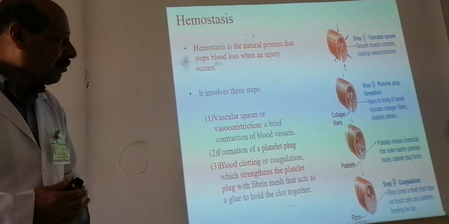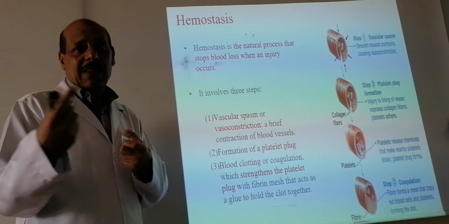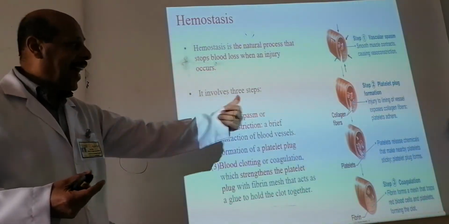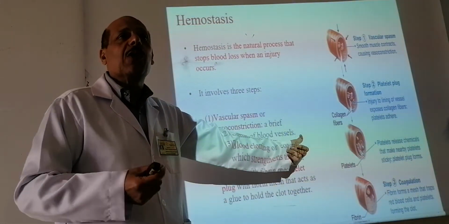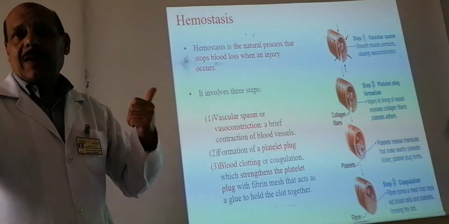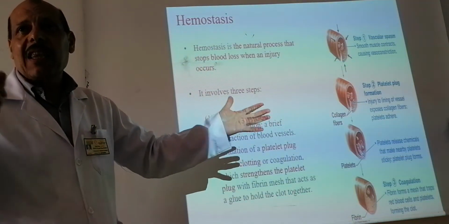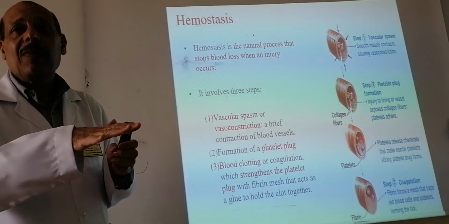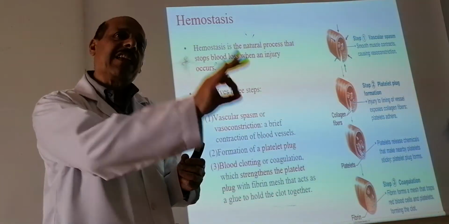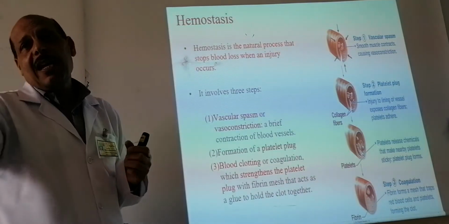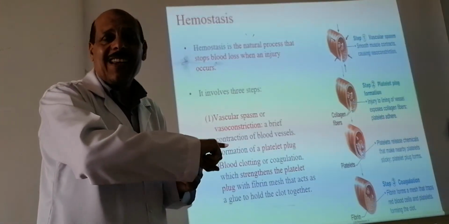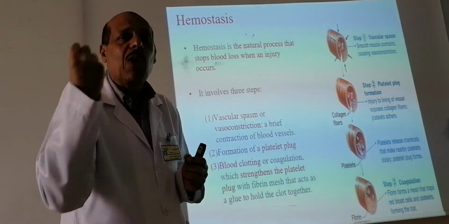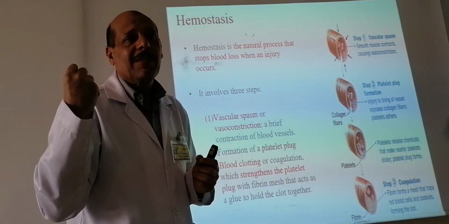So vasoconstriction will happen. The lining of the blood vessels also will attract the platelets, and the platelets will adhere to the lining, forming the plug. When they adhere, they will release a chemical substance. That chemical substance will attract more platelets.